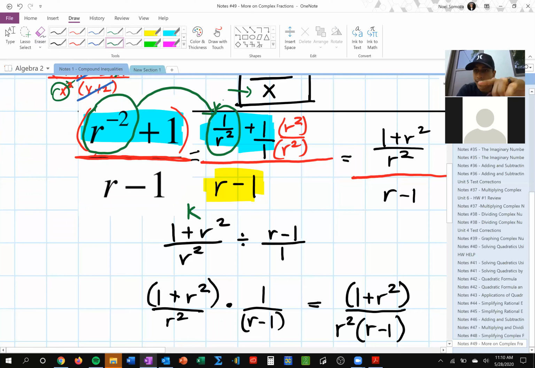What you do with a negative power is you send the base to the denominator, so you kind of flip it, and then you change the power from a negative to a positive. Once I did that flip, the negative goes away. It becomes a positive power. All right. Anything else?